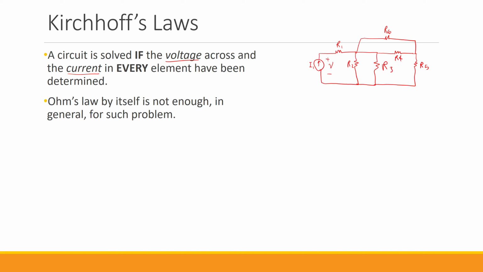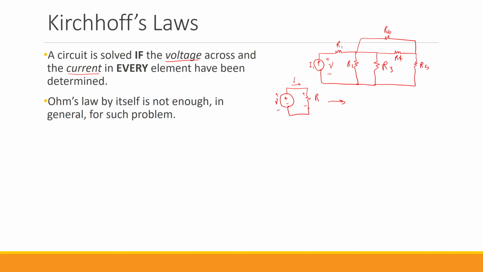If it was a very simple circuit, if we only had, let's say, a voltage source and a resistor, something like this, then since we had a voltage across it and could find the current through the circuit with Ohm's law, we were able to find the voltage across the resistor, or the current through the circuit.